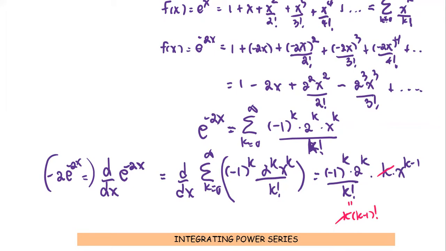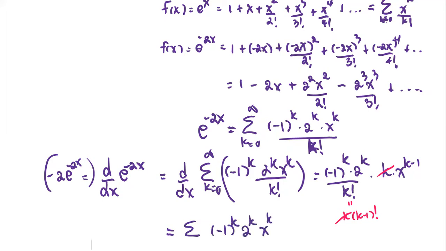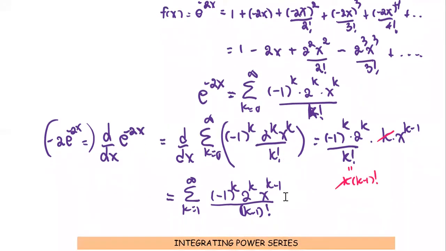Now we have the summation of negative 1 to the power k, 2 to the power k, multiplied by x to the power k minus 1, divided by k minus 1 factorial, and k starts from 1 to infinity, since the first term is just a constant and its derivative becomes 0.